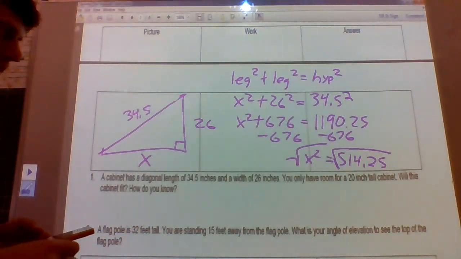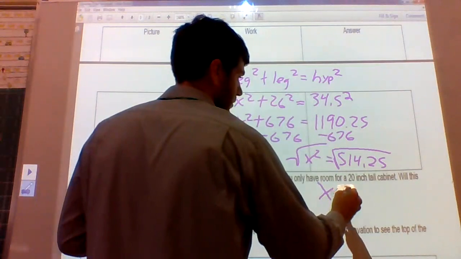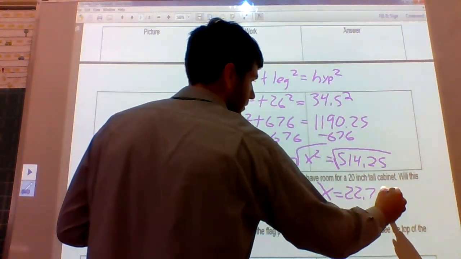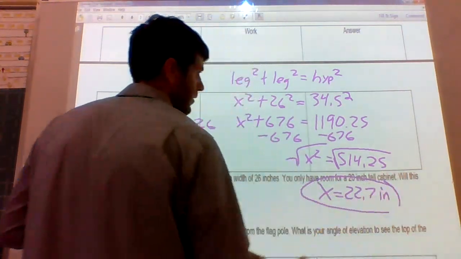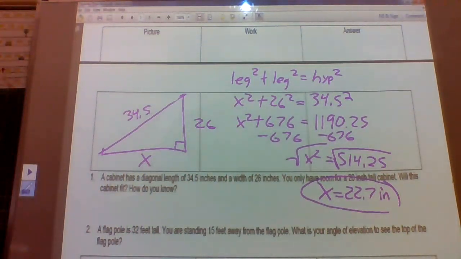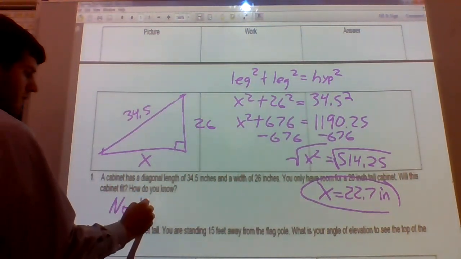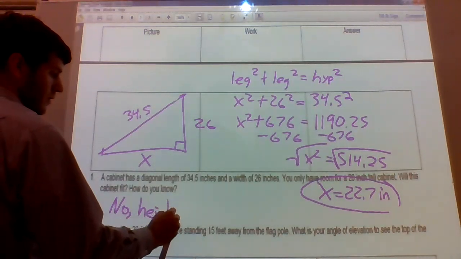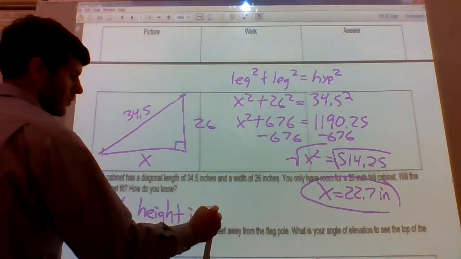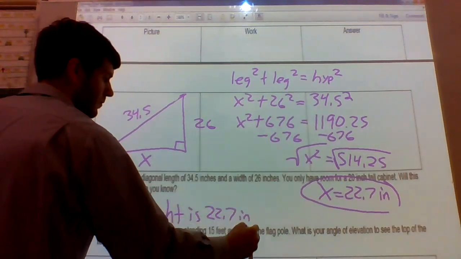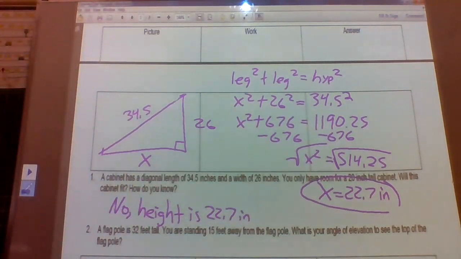So x is going to be 22.7 inches tall. So will this cabinet fit? No. The height, or the length, is 22.7 inches, which is greater than 20.